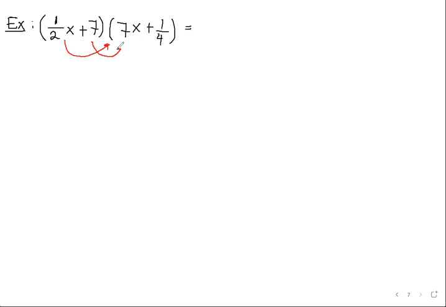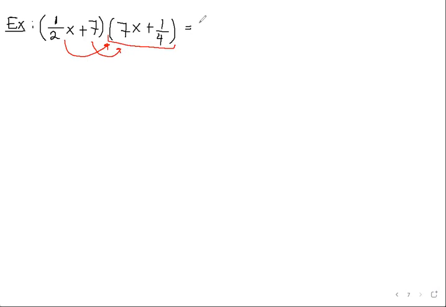Exactly the same idea. Like you mean something like 1 over 2x plus 7 times 7x plus 1 over 4. We're doing the same exact idea. In a previous section we learned how to add fractions.